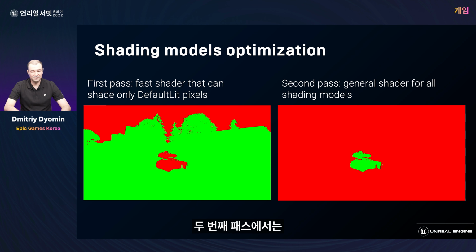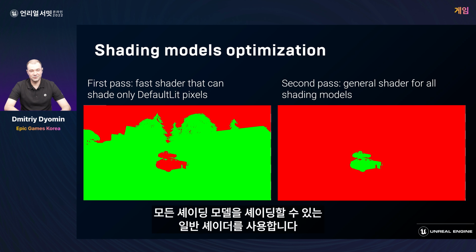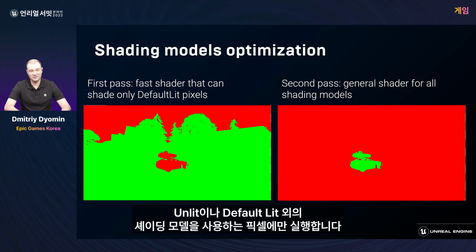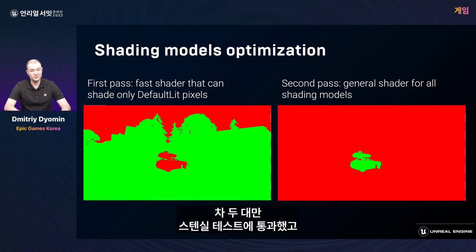And on second pass, we use a general shader that can shade any shading model. We set stencil test to 2 and run it only over pixels that use shading model that is not unlit or default lit. You can see on the right picture that only 2 cars pass the stencil test, and most of the pixels are skipped.